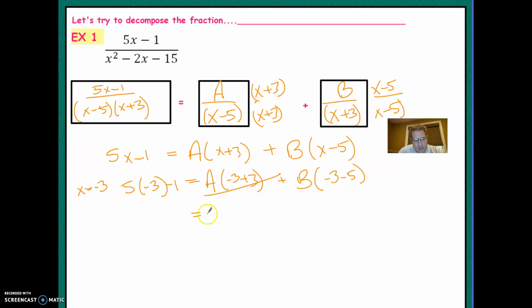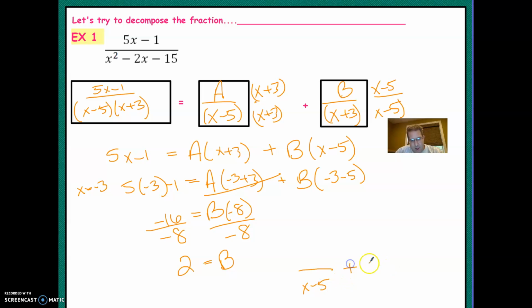So this side ends up being B times -8. And over here, 5 times -3 is -15, minus 1 more makes -16. Divide both sides by -8, and you now know that B must be 2. Okay, so now we know part of the answer. We know that something over x minus 5 plus 2 over x plus 3 is the answer to the question.